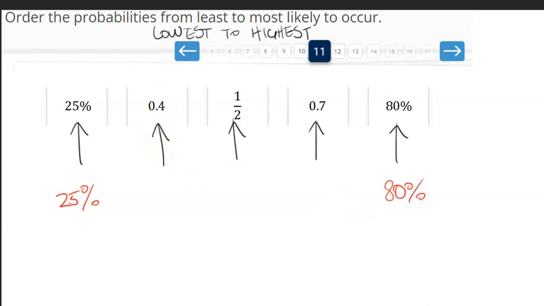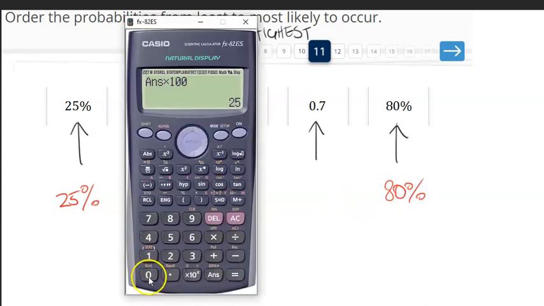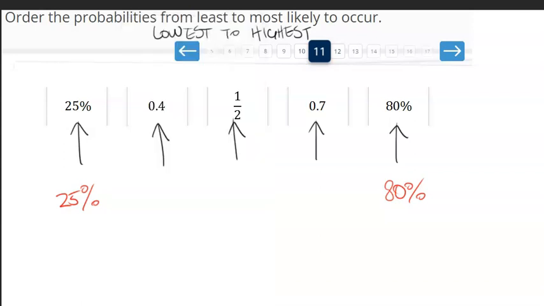Now 0.4, which is already in decimal format, you just multiply it by 100 and you get 40. So 0.4 is 40%. Half we already know is 50%. And 0.7, if 0.4 is 40%, then 0.7 has to be 70%.